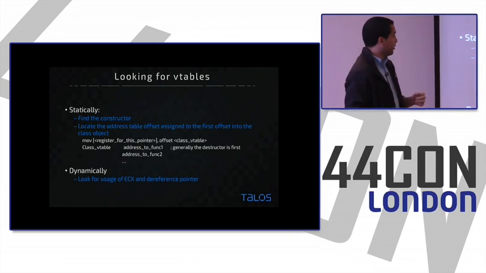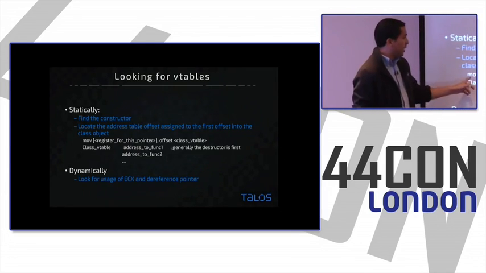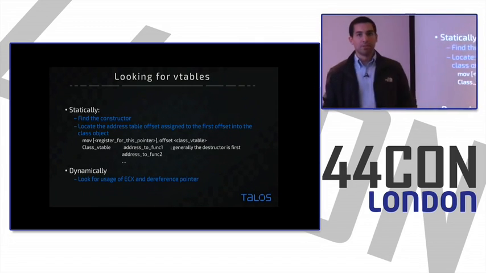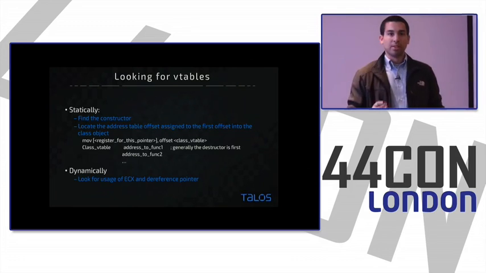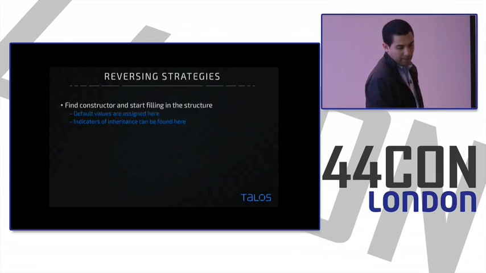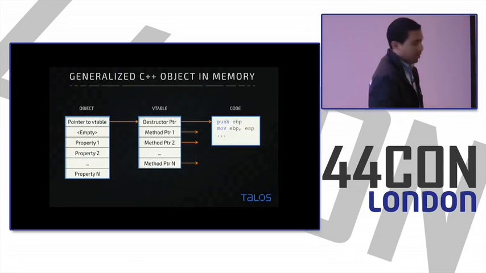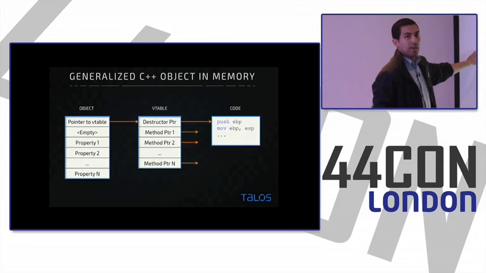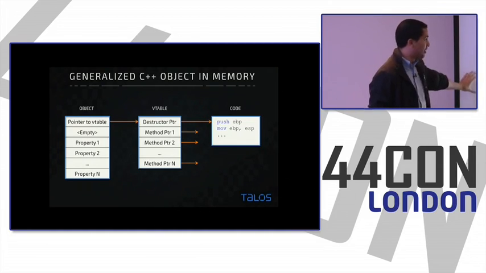So in IDA, what you're going to be looking for a lot of times is a move instruction to a dereference of a register. Remember, in the diagram I had earlier, the vtable is going to be the first offset in the object. So ECX is pointing to the address of this object.